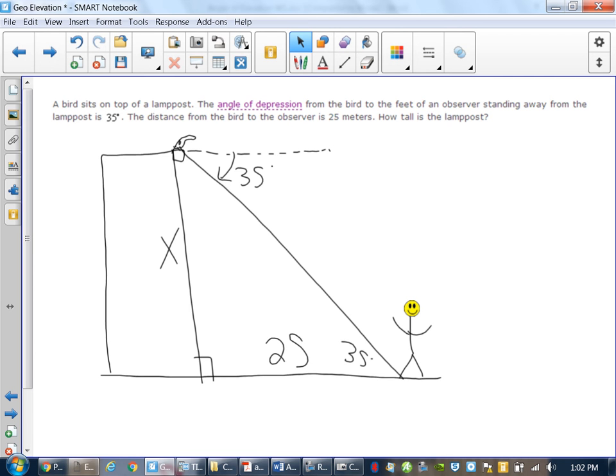Trying to figure out how tall the lamppost is. Tangent. I want to use tangent because the value of the height is my opposite. This is my adjacent, so I use tangent. And it's a matter of just putting it together. Okay.